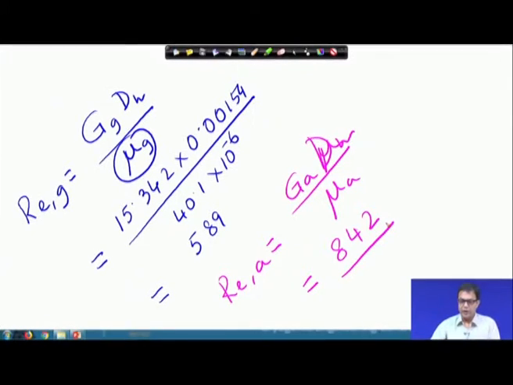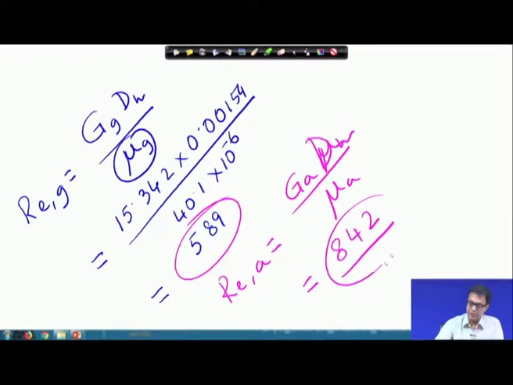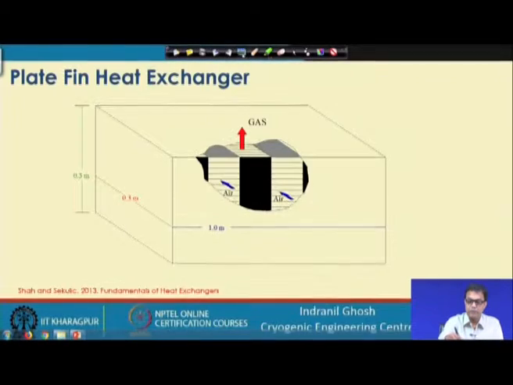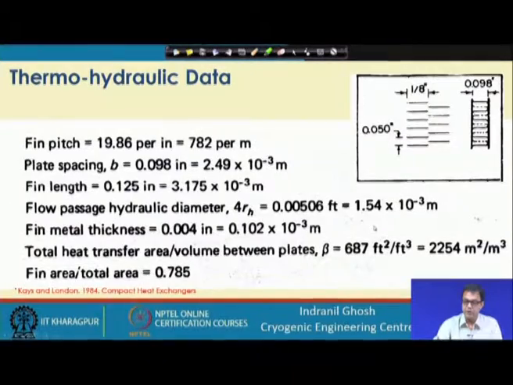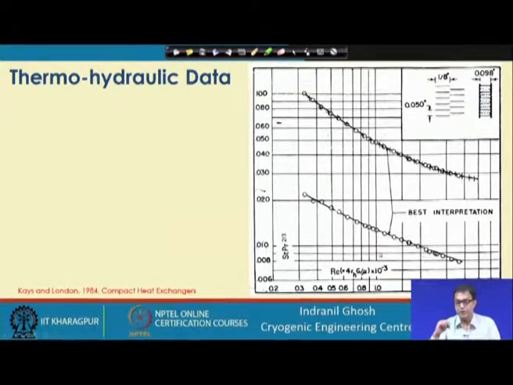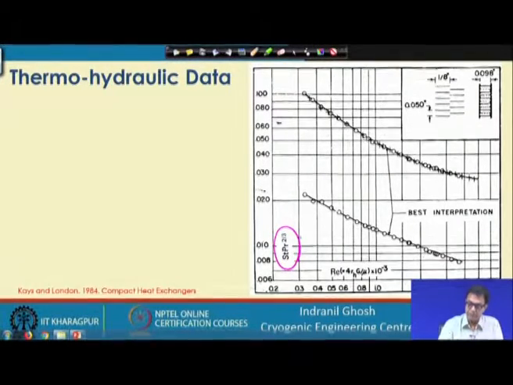So, now we have the Reynolds number for the air side and the gas side. Corresponding to these values, we go to this diagram, which shows the Stanton number multiplied by Prandtl number to the power 2/3.